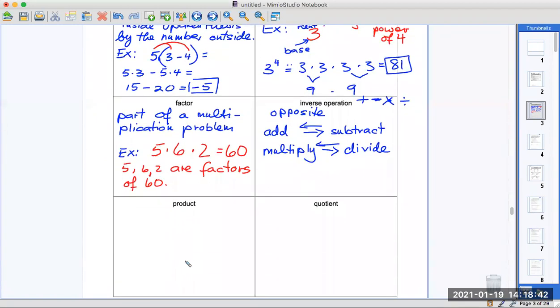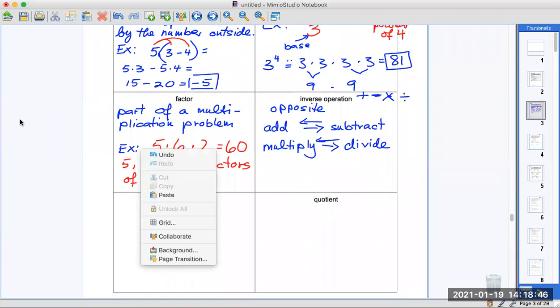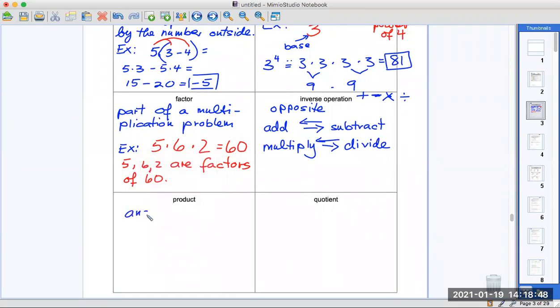Product is the answer to a multiplication problem. So for example, 3 times 10 is 30. So this is your product.